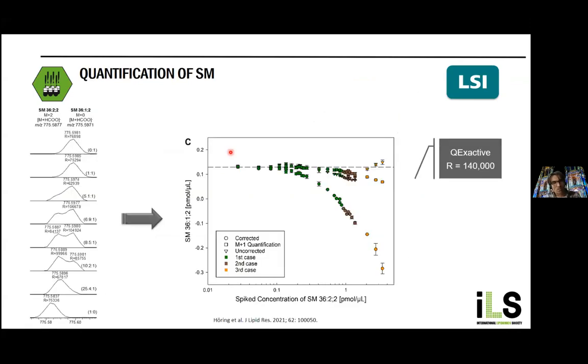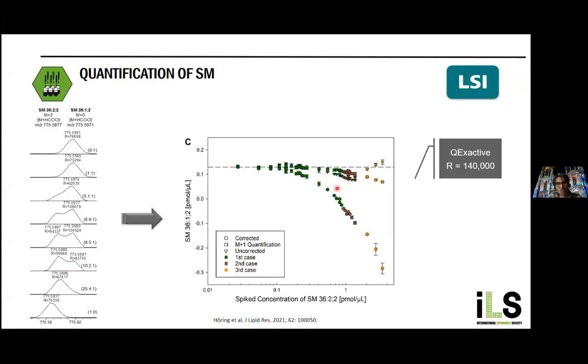Let me cut that a bit shorter, just to show you the data for sphingomyelin. Here we have the situation that obviously we have some kind of peak resolution, but not really a good one. And in the different concentrations, the dashed line is the target value.